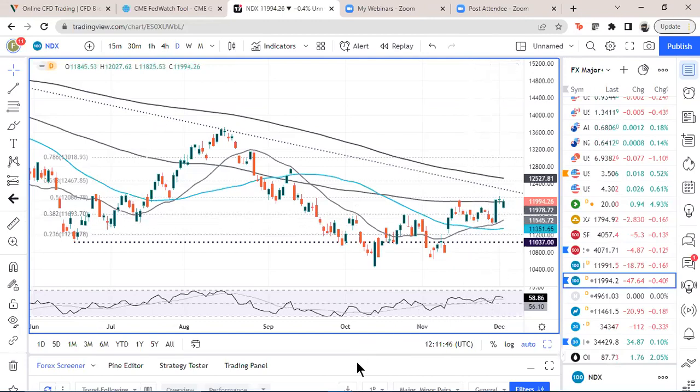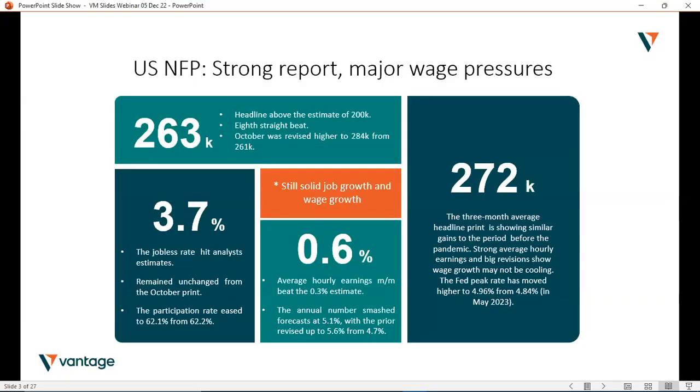Okay, we'll now focus on last week's events, really some key risk events, starting with the non-farm payroll. Here you can see a graphic of the main numbers, the headline 263,000 or so, beating the 200,000 estimate, the eighth beat in a row.